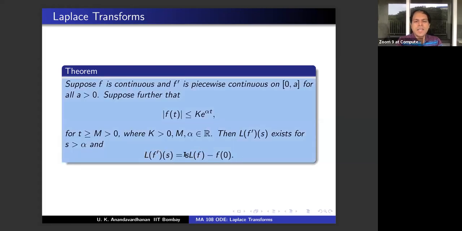Because sine e power t square will have a Laplace transform. It's another question whether you can explicitly calculate it. I'm saying it exists. L of sine e power t square exists, and therefore the derivative of sine e power t square, though it is not of exponential order, its Laplace transform is s times the Laplace transform of sine e power t square minus f of 0. What is f of 0? Sine 1.